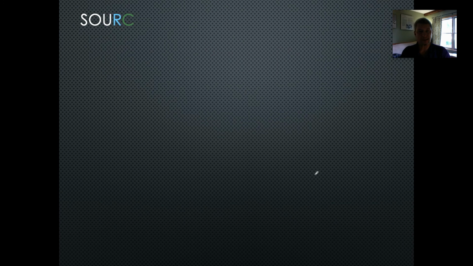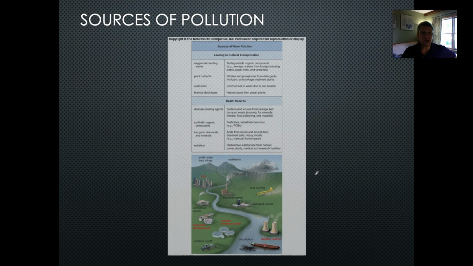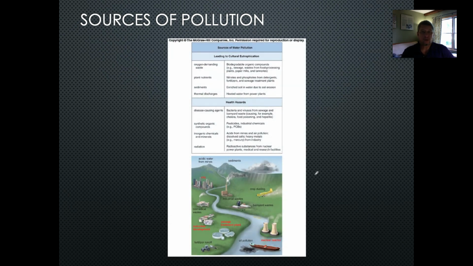Last but not least, let's talk about some sources of pollution that can interfere with our natural environment and the ecosystems that surround us. So, sources of water pollution, specifically, that can lead to eutrophication in terms of our ponds and lakes.